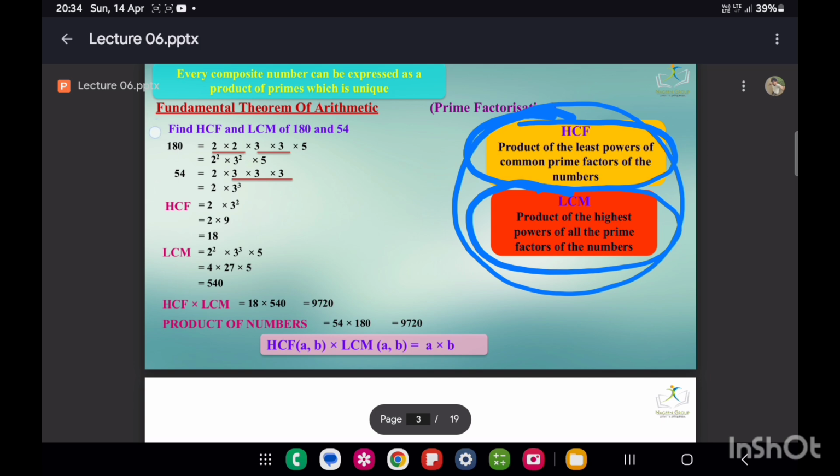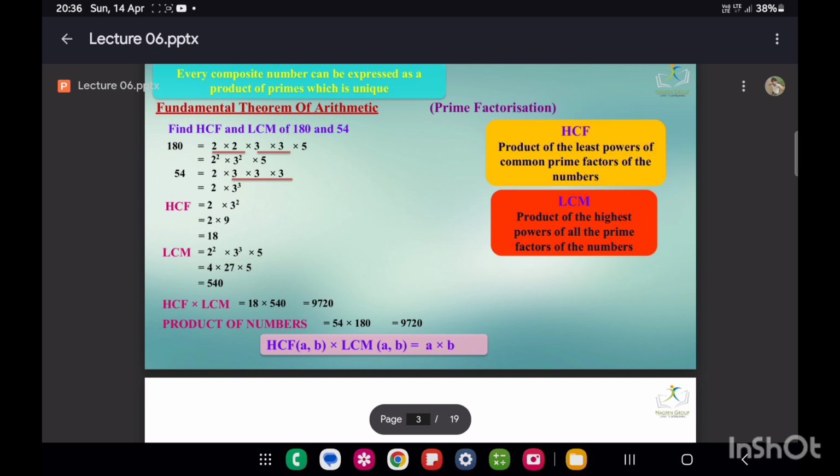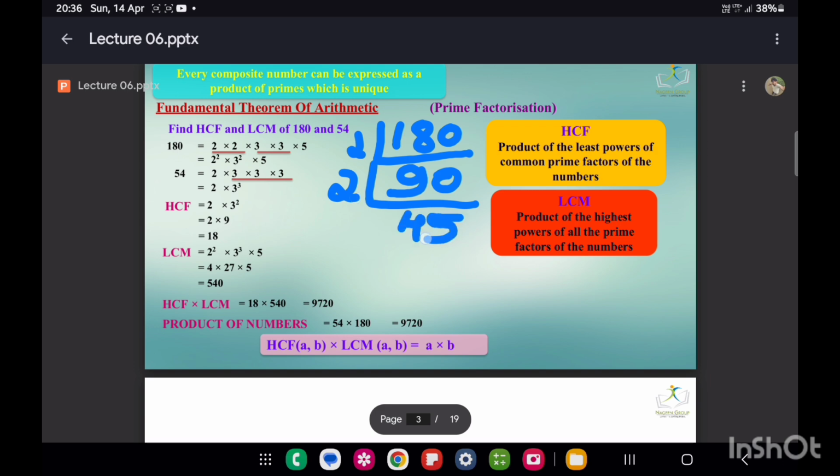Here one problem is: find the HCF and LCM of 180 and 54. Now we can take 180. We have to split it first by 2, the lowest number. 2 nineties are 180, and 2 forty-fives are 90.